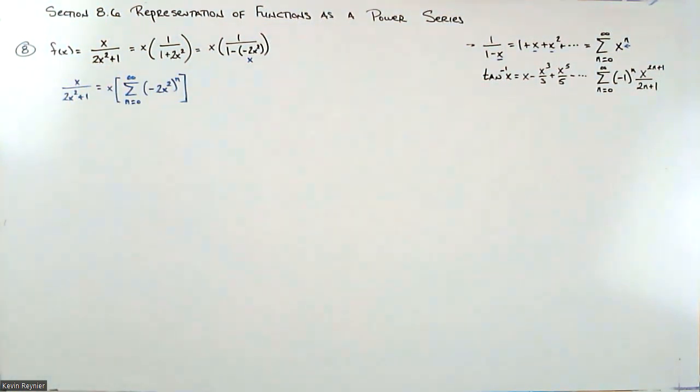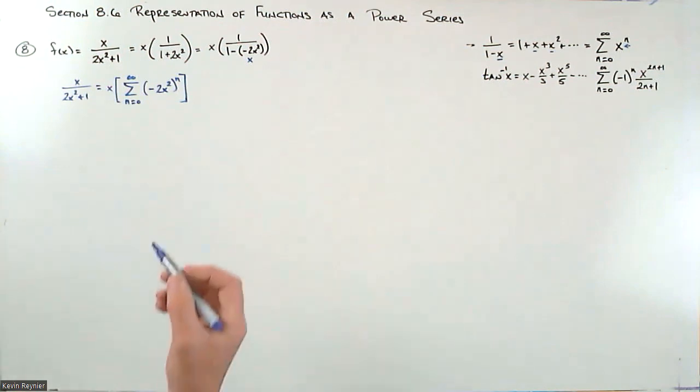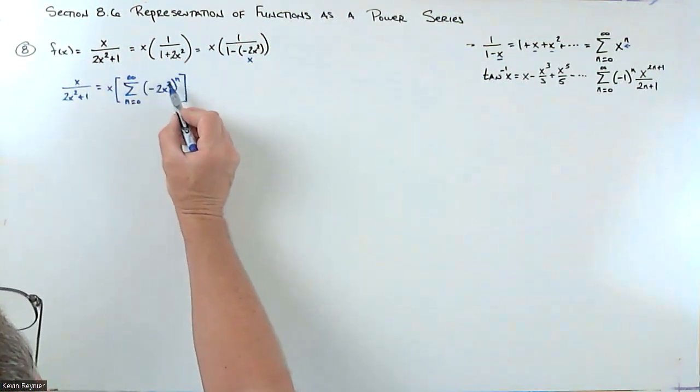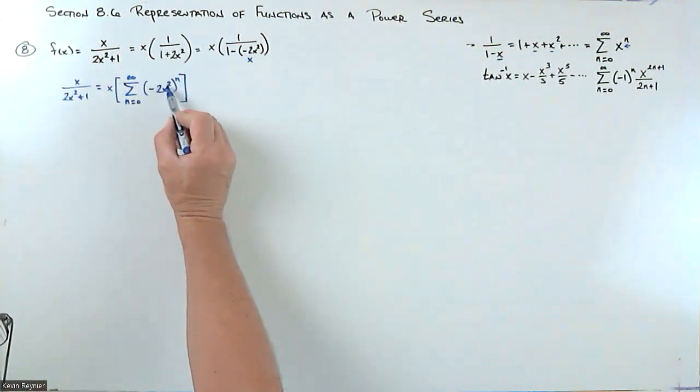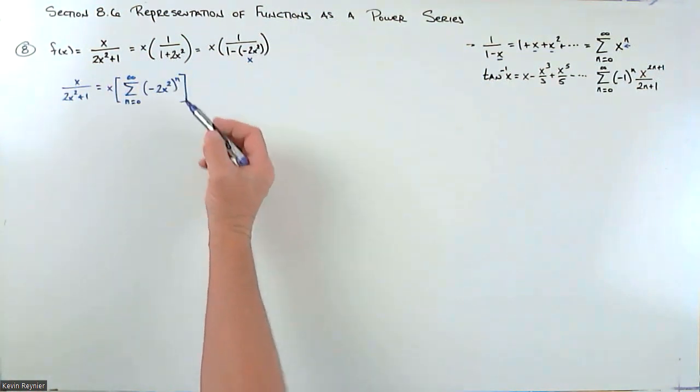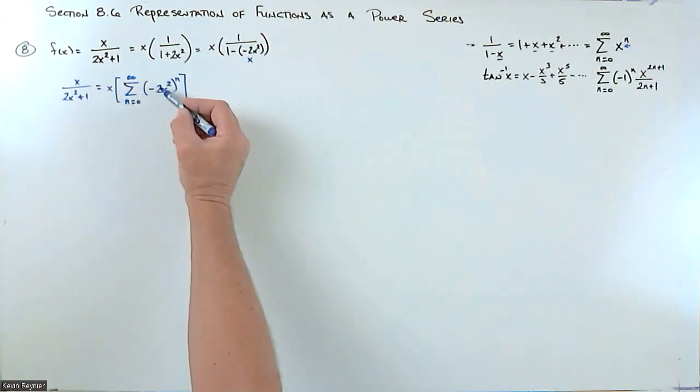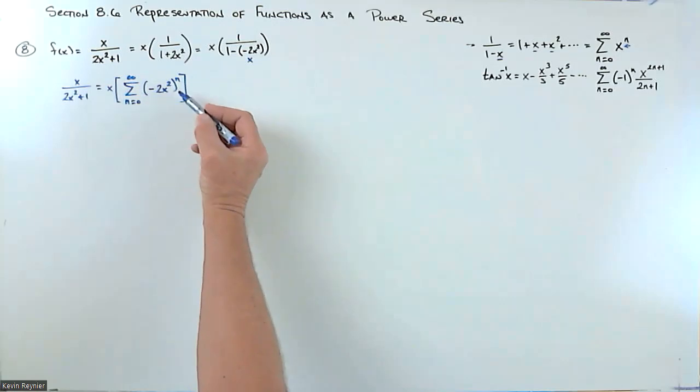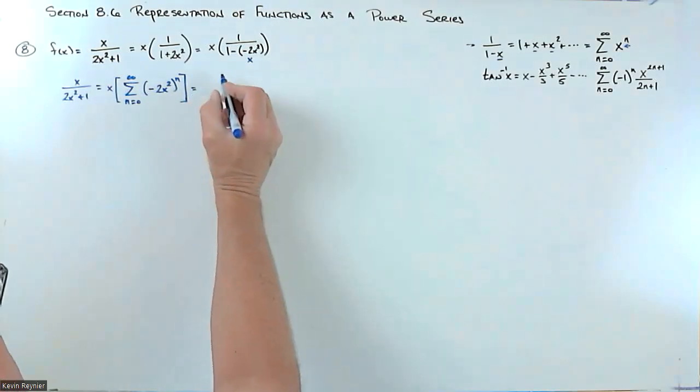Now, from here, we're going to do some just basic arithmetic. This is -1 to the n. This is 2 to the n. This is x squared to the n. This power of n is applied to the -1, it's applied to the 2, and it's applied to the x squared. So we can rewrite this.